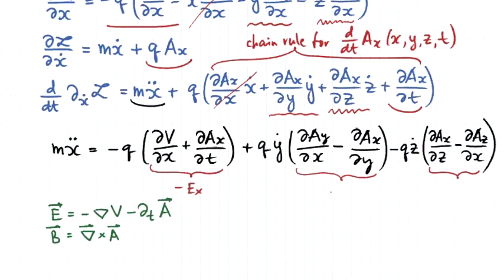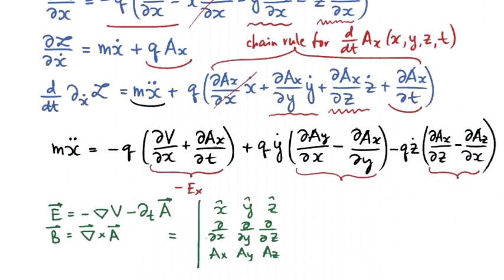So let's write out the curl of A, which will be given in terms of determinant of a 3 by 3 matrix. So here we have unit vectors x, y, z. Then we have the differential operator d/dx, d/dy, d/dz. And the components A sub x, A sub y, A sub z. And we're finding the determinant.